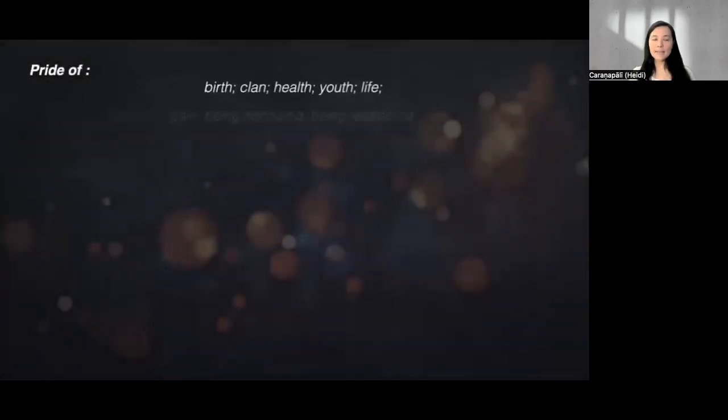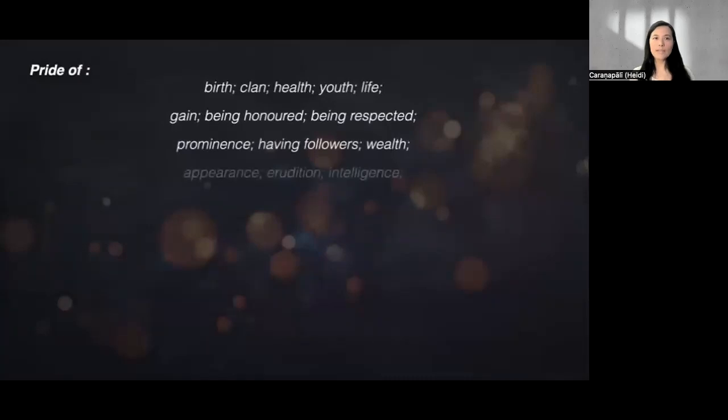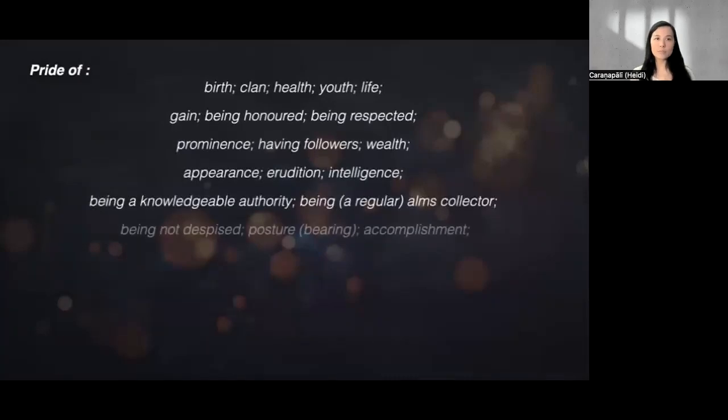And in the book of the analysis, the Vibhanga, the second book of the Abhidhamma, you can find all these different kinds of pride.